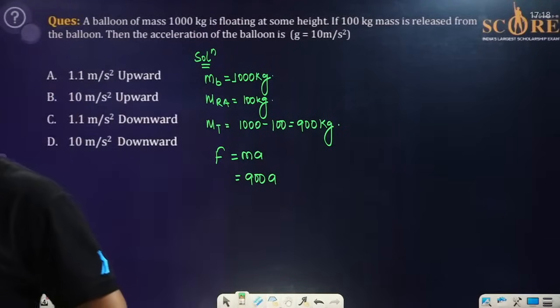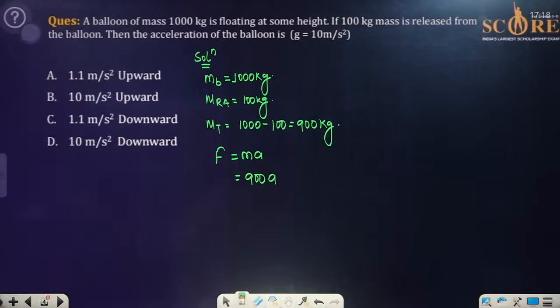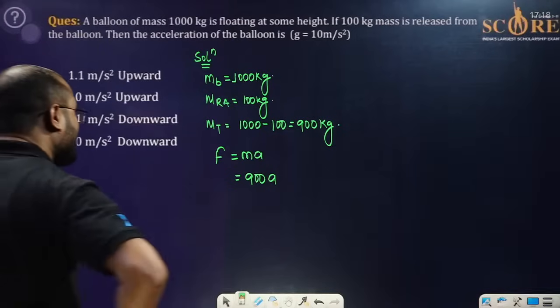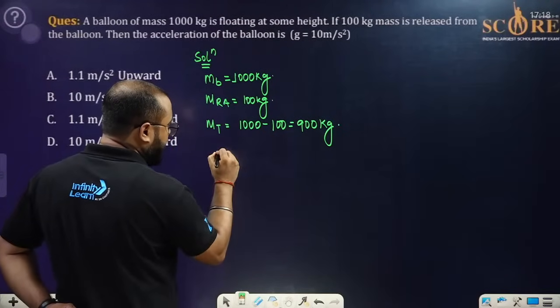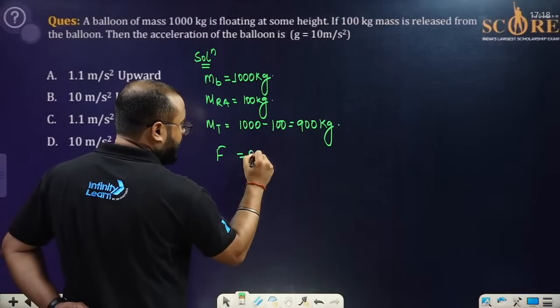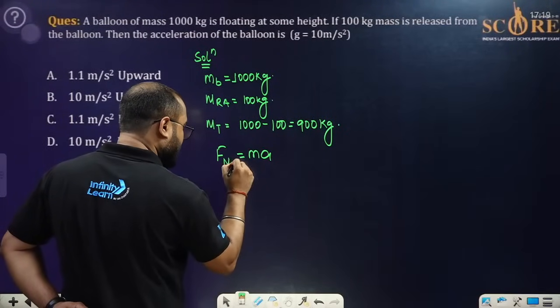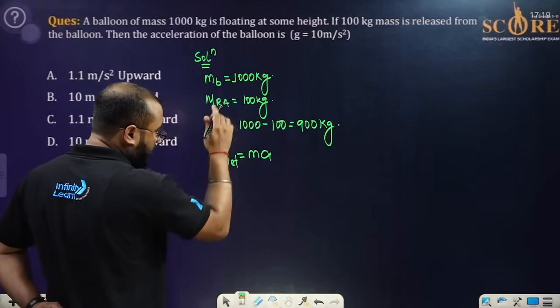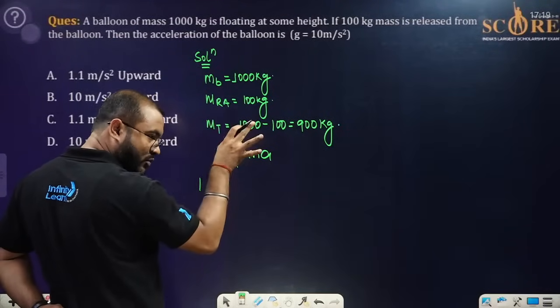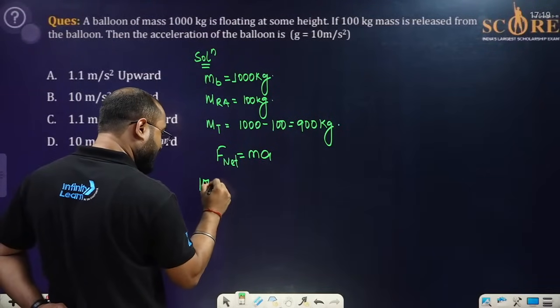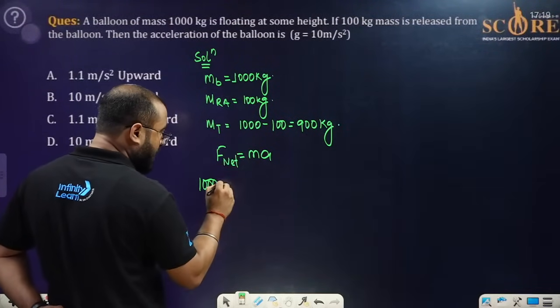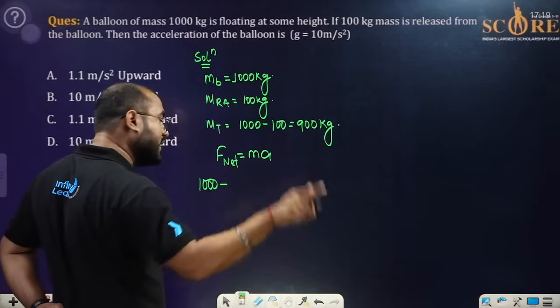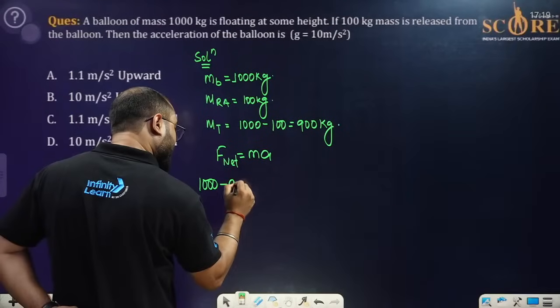F is 1000, good. So basically, when we write F equals ma, we write F net for this. So for F net, we have the total mass, that is 1000 kg. So F is coming out to be 1000 minus the mg that has been released, that is going to be 900 from here.